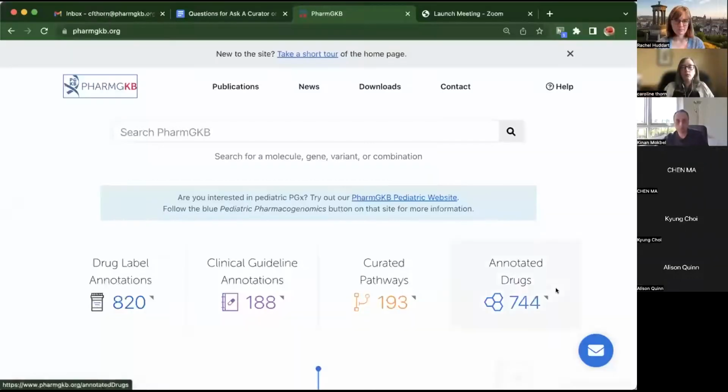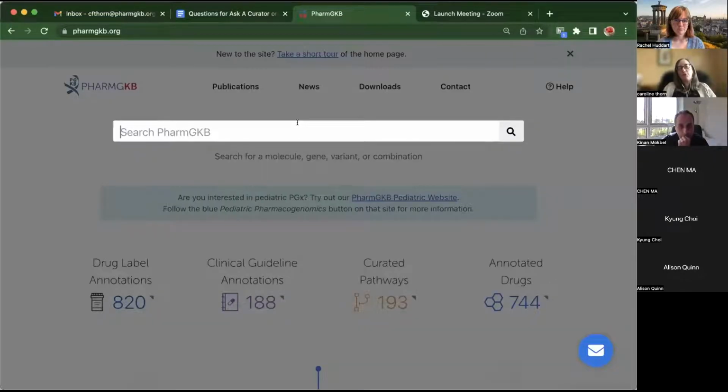All right, so I'm going to share my screen. And there we go. All right. So we've got the home page. I'm actually going to go from a basic search. You can put anything in here: genes, drugs, diseases, haplotypes, so on.